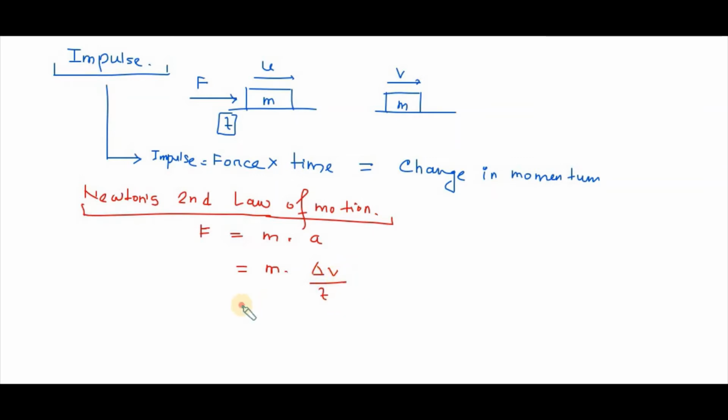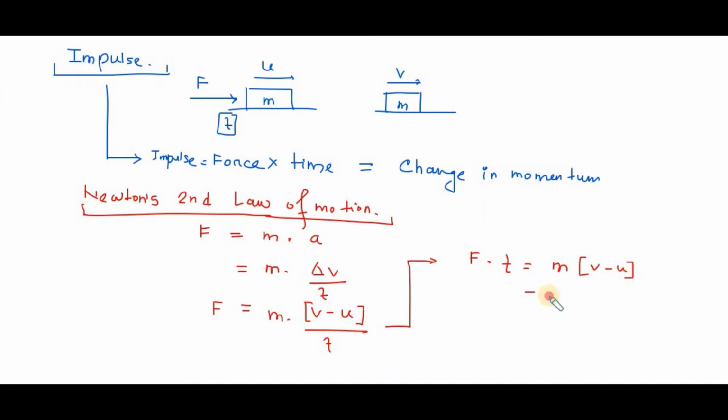Delta v stands for change in velocity, t stands for time. Change in velocity is the difference between the final and the initial velocity, where v stands for the final velocity and u stands for the initial velocity. If we multiply t on both sides, we get force times time equal to m into v minus u.